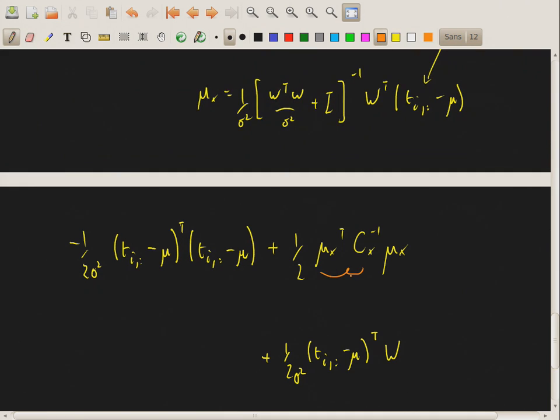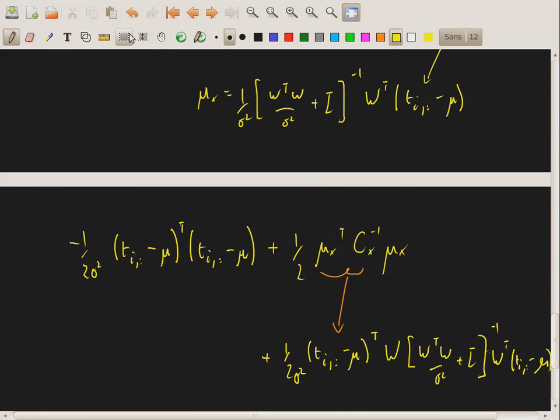So that first bit there is that, and now we need the mu x, and I'll just take this one because I don't want it in terms of Cx, I want to see everything. So this mu x has got a sigma squared. I'll keep that back for the moment. Goes W over sigma squared plus I minus 1 W transpose Ti colon minus mu.